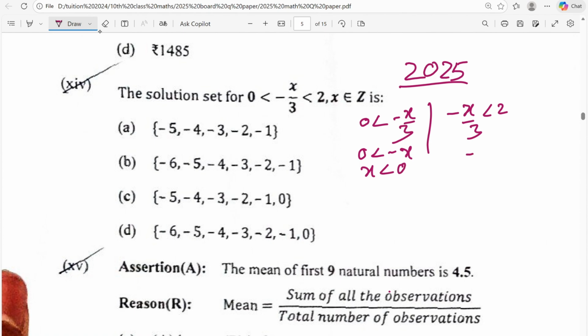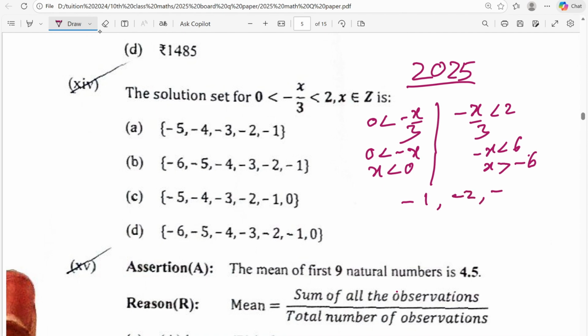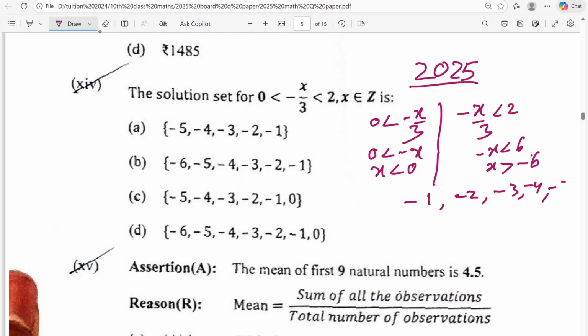Here minus x less than 6, so x greater than minus 6. When we multiply by minus, the symbol will be changed. So x is greater than minus 6. The solution set is x less than 0, that means from minus 1 to less than 0: minus 1, minus 2, minus 3, minus 4, minus 5. Greater than minus 6 means minus 1 to minus 5. This one.